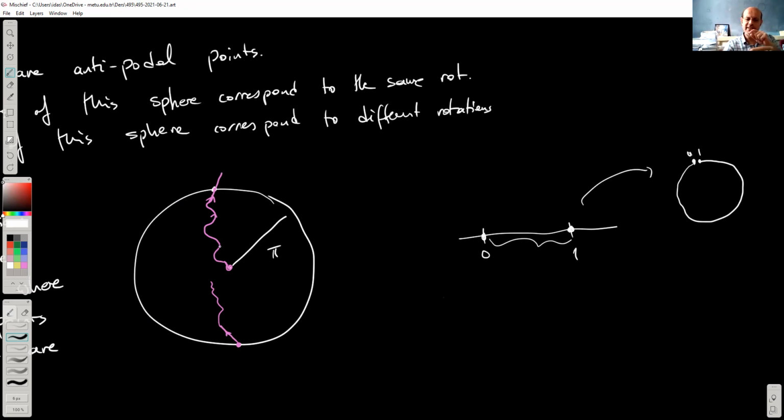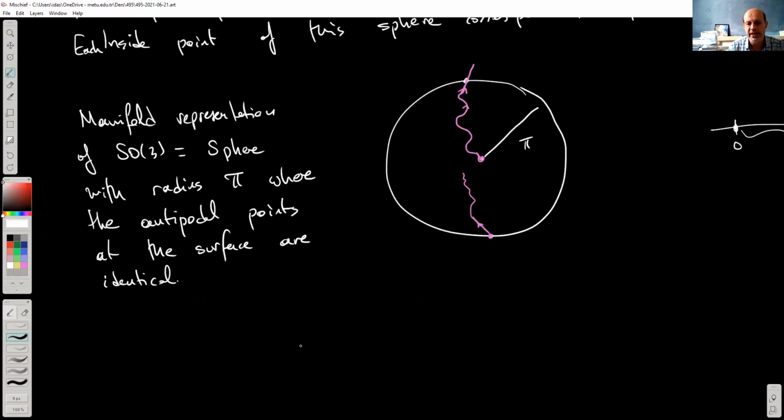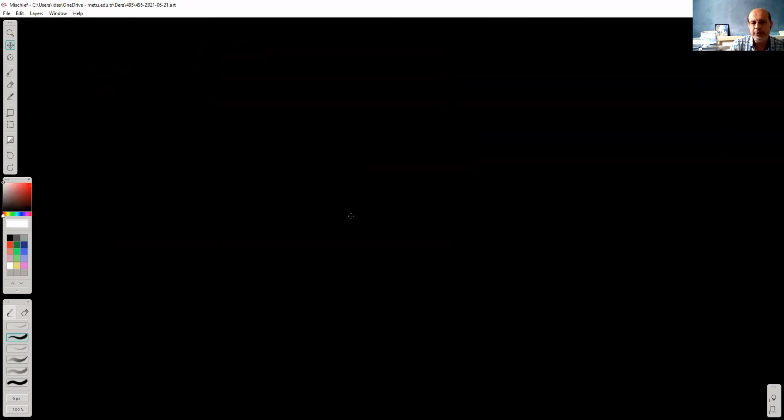When you go around this hole once, the hole is there, but if you go around twice, it somehow disappears, right? But in any case, it's kind of advanced mathematics, so at this stage, I'm not going to say anything. Okay, so this is about SO3.